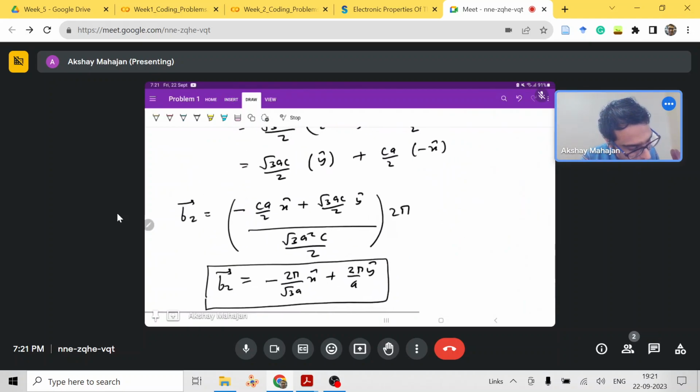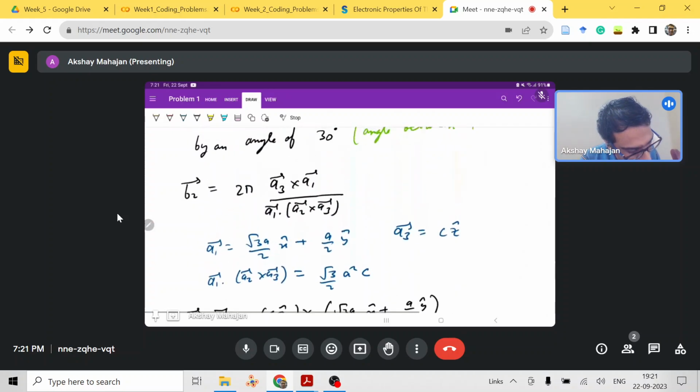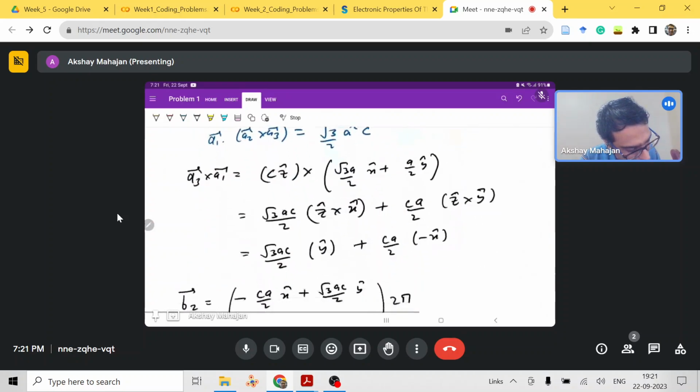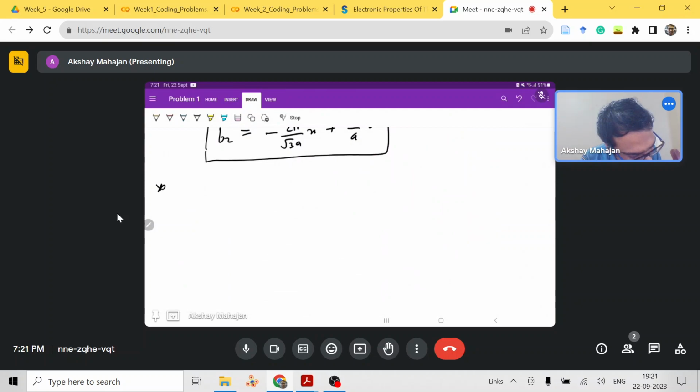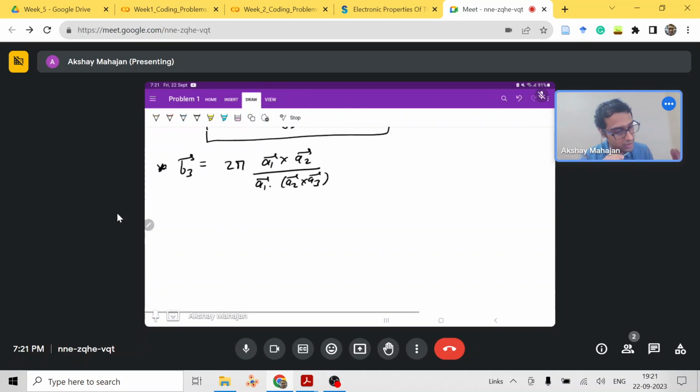Okay, so this is for the b2 vector, and similarly we have to find our b3 vector as well, and the solution will be similar. We just need to remember the formula. The formula for b3 vector will be 2 pi times a1 vector cross a2 vector divided by a1 vector dot a2 vector cross a3 vector.